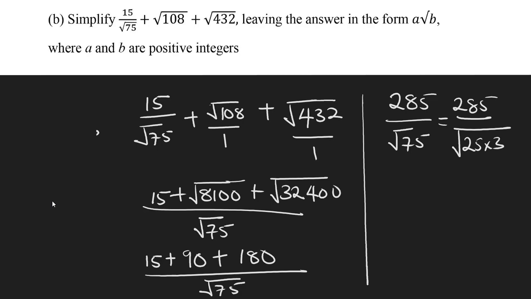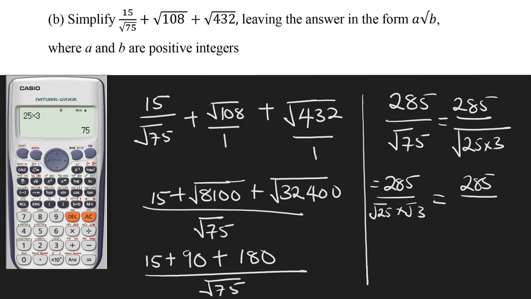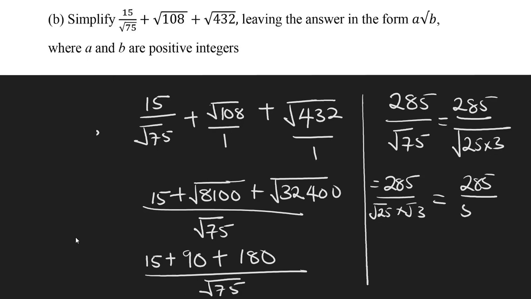So this one is going to give us 285 over root 25 times root 3. Of course, what is the square root of 25? The square root of 25 is 5. So we're going to use 5 root 3, right?